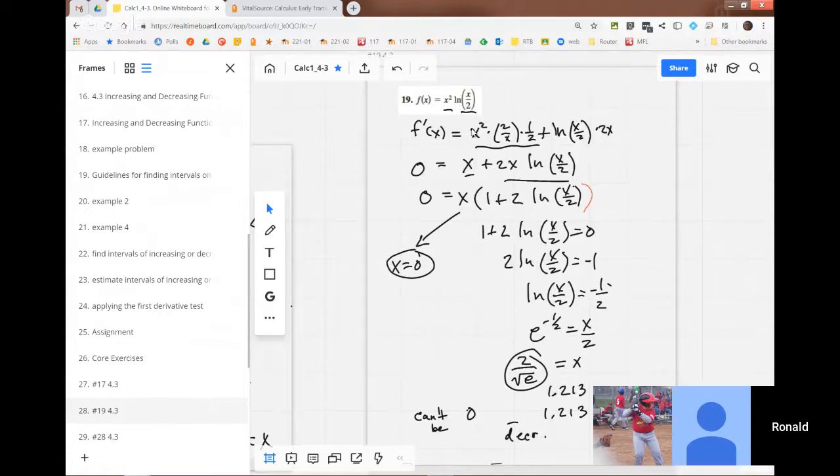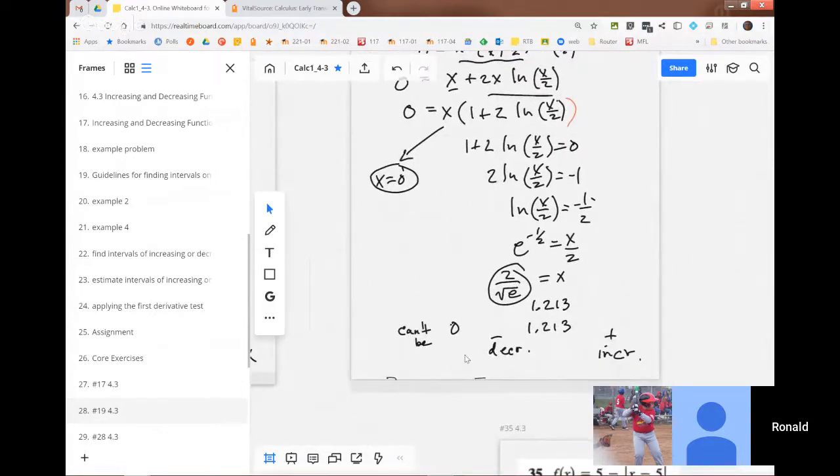You can't do it. So that's out. We don't have to worry about that. The function doesn't even go over there. Now I'll pick a number between 0 and 1.213, like 1. And I found out it's decreasing in there.